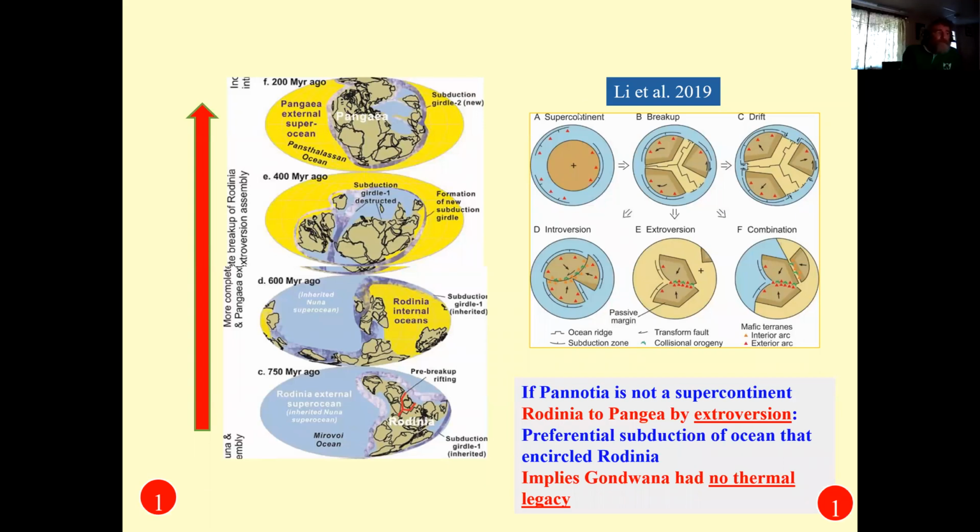And this model here by Lee et al. shows you that when a supercontinent breaks up, it generates these new interior oceans. So we go from A to B to C as it widens. If it continued to widen, as if the modern Atlantic continued to widen and the Pacific continued to contract, we would skip D, go straight to E, and we would have a new supercontinent with the previous ocean surrounding it, the internal oceans of one supercontinent around the next supercontinent.